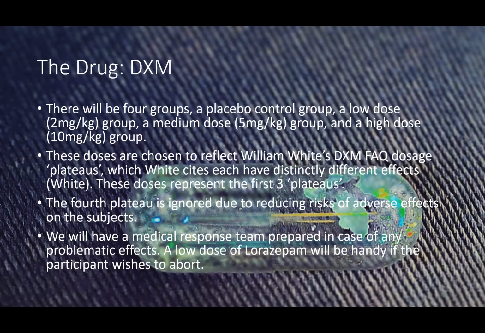It will require that the participant has used some form of dissociative in the past, so that they've tried ketamine, tried DXM or PCP or whatever, so that they are somewhat familiar and know what to expect, and there is less risk of people aborting the experiment if they already know what they are getting into.